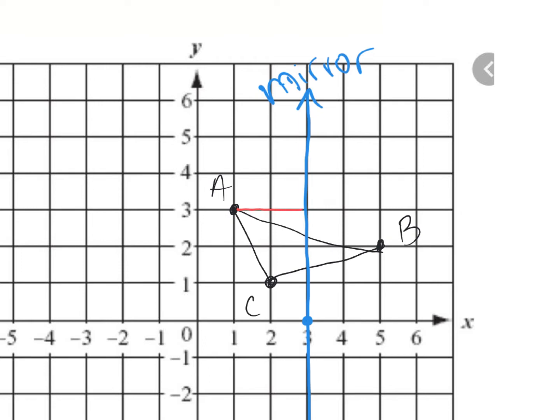How long is that segment? 2 units. If we're going to reflect A from the left to the right, how many units away from the mirror should it be on the right side? 2 units. So draw the same segment, 2 units. What are the coordinates of A prime? 5, 3.